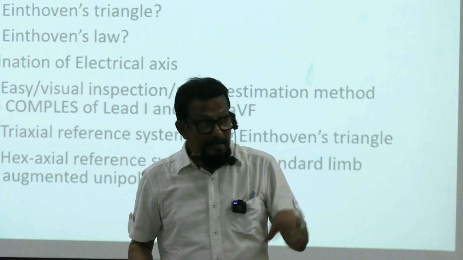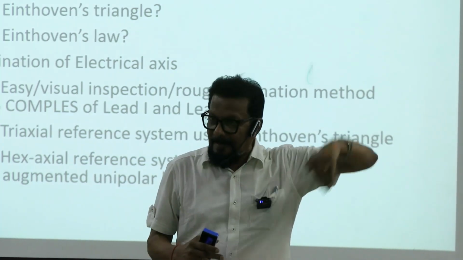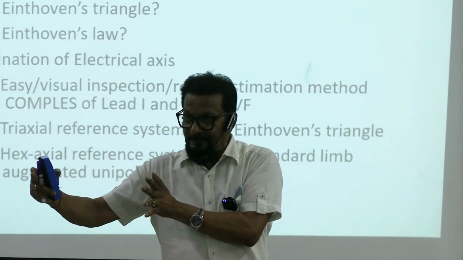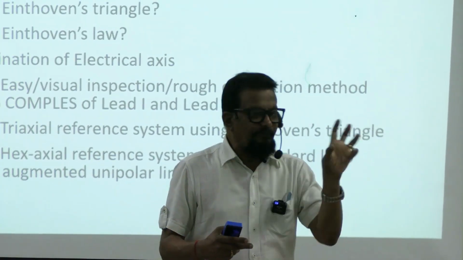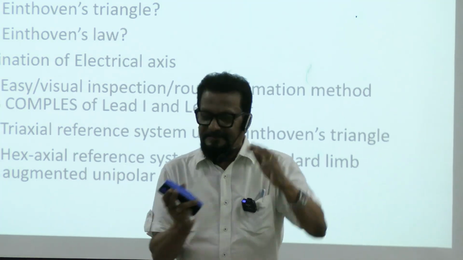The current will flow, and during this flow, the current is changing every time. This current is flowing and this activation front is also changing. Because the activation front is changing, different areas of the heart are depolarized at different times.